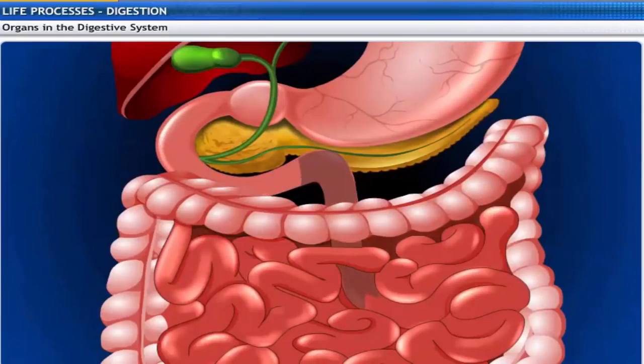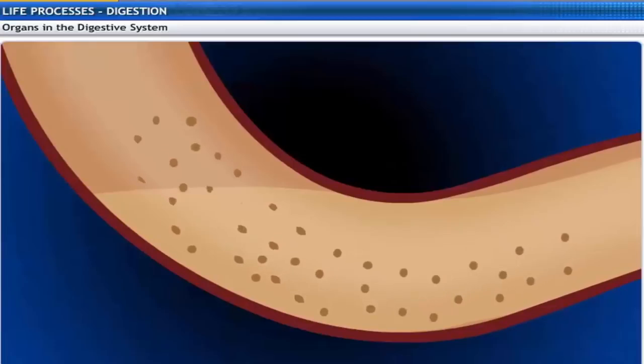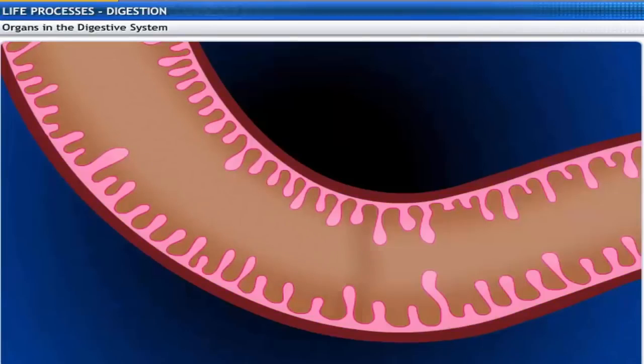The chyme now reaches the second part of the small intestine called the ileum. In the ileum, the intestinal enzymes act upon the food for further digestion. The inner walls of the small intestine have numerous finger-like projections called villi.